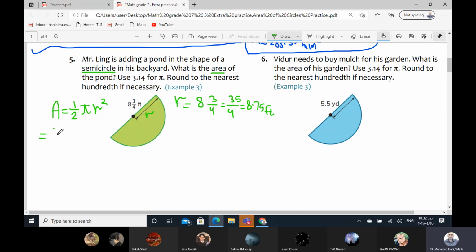So we have here 1 over 2 multiplied by the value of pi, which will be 3.14, multiplied by the value of r, which will be 8.75, squared.